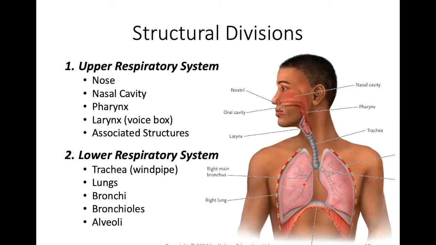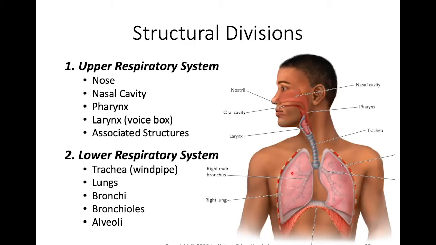Those ultimately terminate into bronchioles, and the bronchioles are the first structures that do not have any cartilaginous support to them. Instead, they have smooth muscle that surrounds them, and that allows them to be able to bronchodilate and bronchoconstrict.